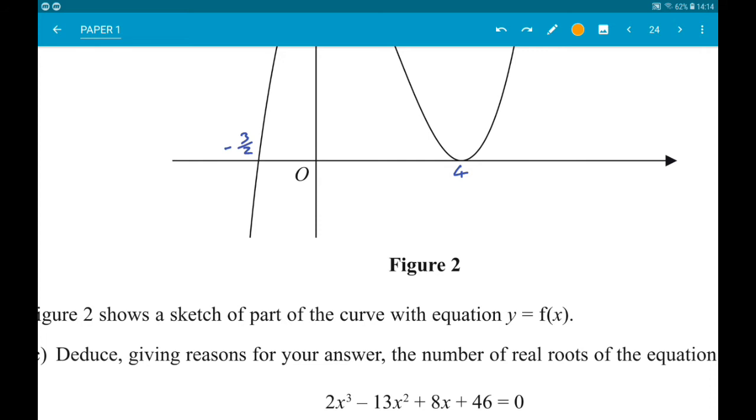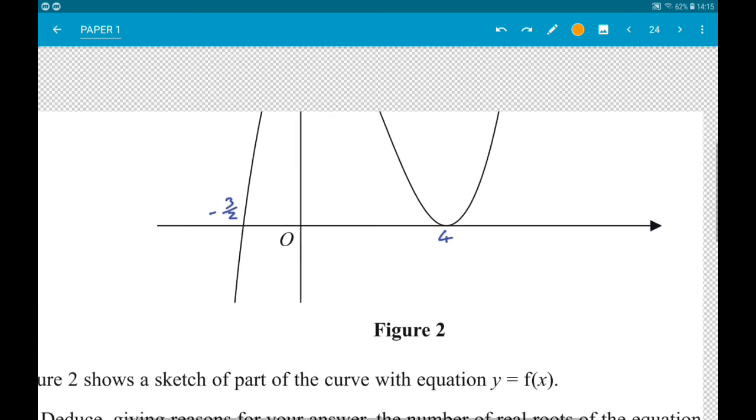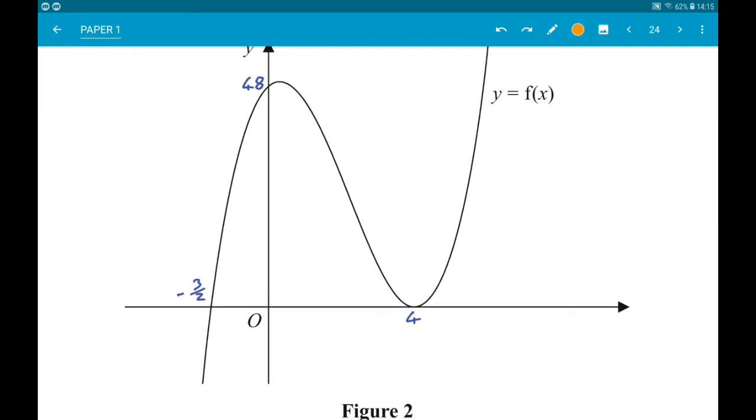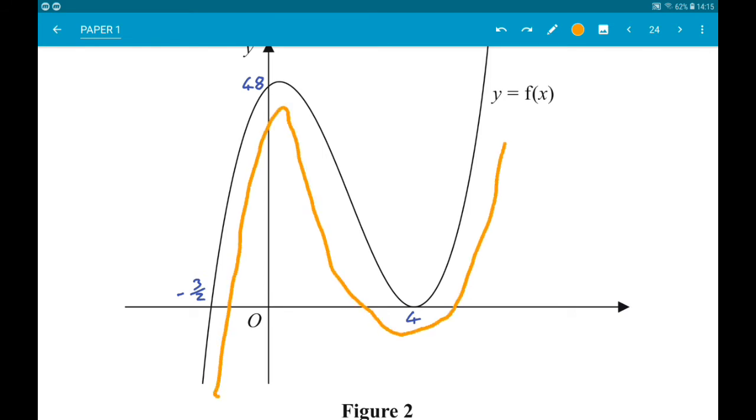So all that's changed is 48 to 46. So what's happened here is the graph has moved down by 2. So it's going to look roughly like that. So it now crosses the x-axis 3 times, so there are 3 real roots.